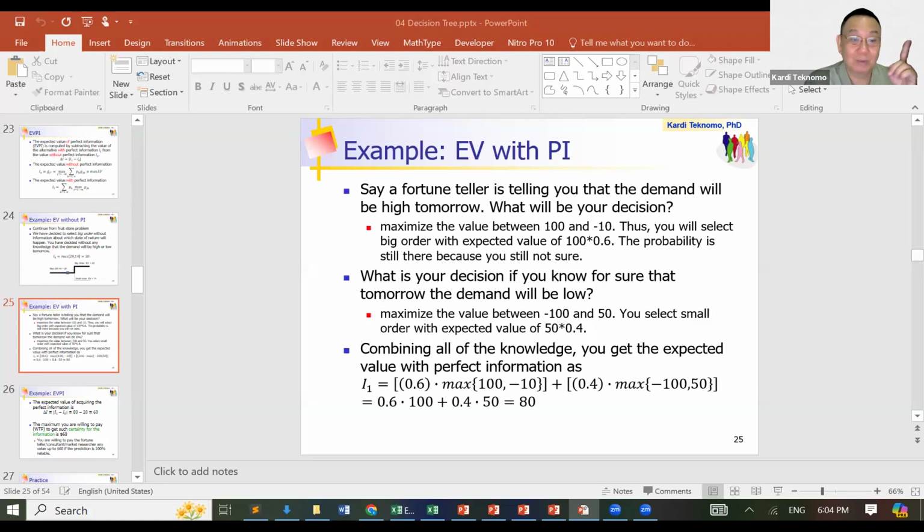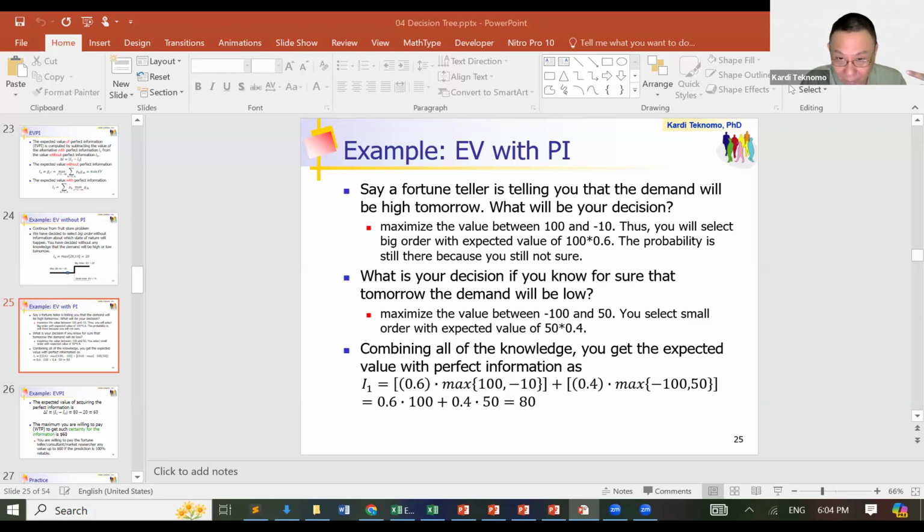Now, what is your decision if you know for sure that tomorrow the demand will be low? Again, maximizing the value between the two, and you select a small order. Expected value is 50 multiplied by 0.4.